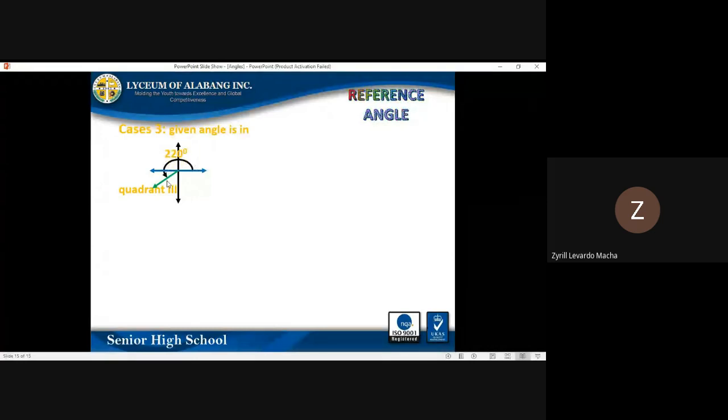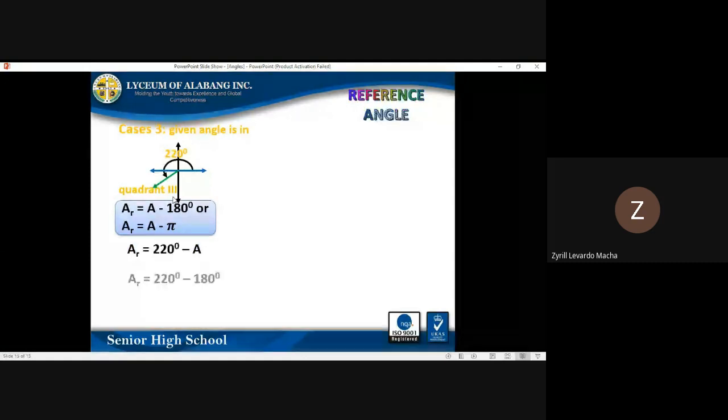Since tatlo, that would be A minus 180 degrees or A minus pi. So kung kanina 180 minus A, dito naman sa case number 3, A minus 180. So that would be 220 minus 180. So we have 40 degrees.